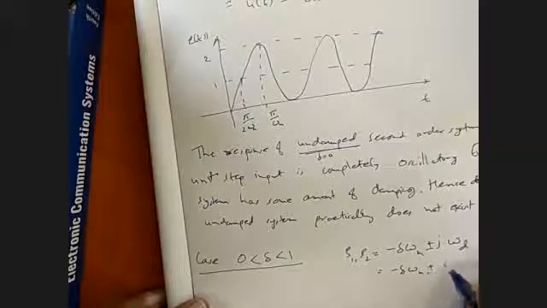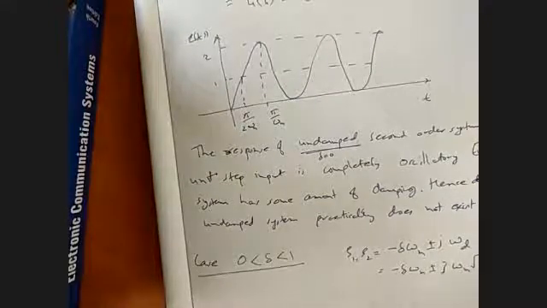So it is actually minus delta omega n plus minus j omega n under root 1 minus delta square, because I have taken minus out, the under root of minus will become j. So our Cs will become omega n square upon s square plus 2 delta omega n s plus omega n square.